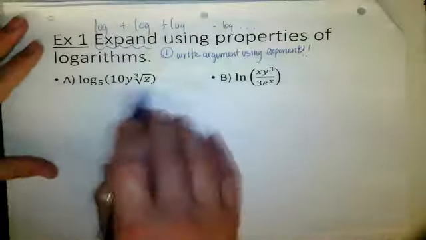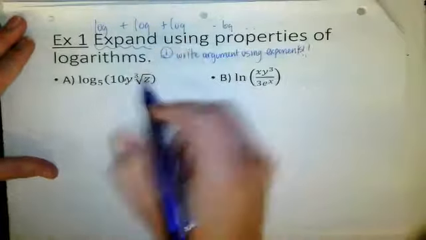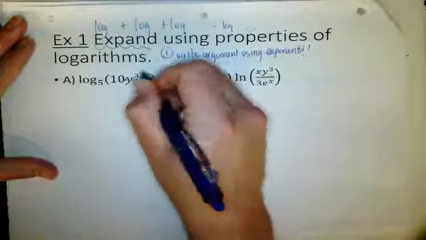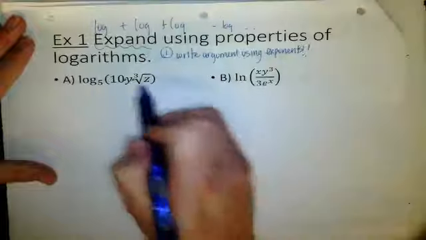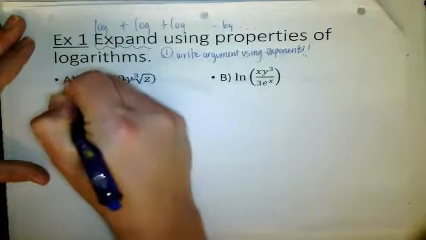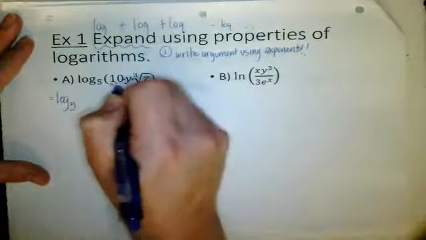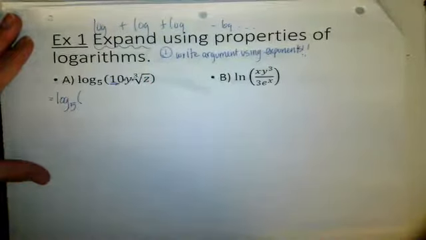And so what I mean by that is we have log base 5 of 10 times y, and this is times the cube root of z, in case you can't quite tell that that 3 is in the index there. So I'm going to rewrite this. This is log base 5. 10 happens to be a product. What is 10 a product of?